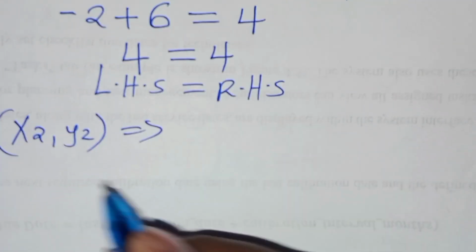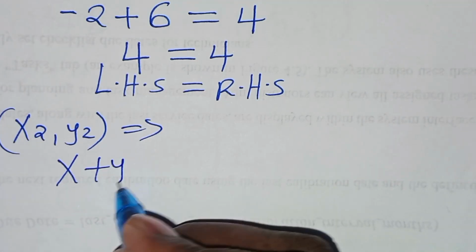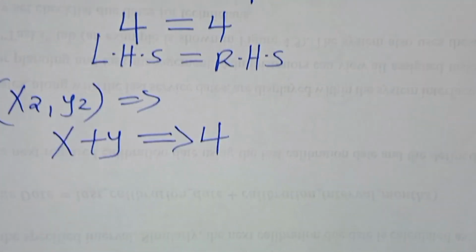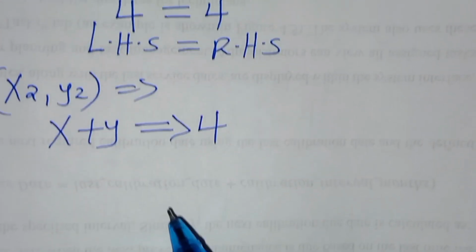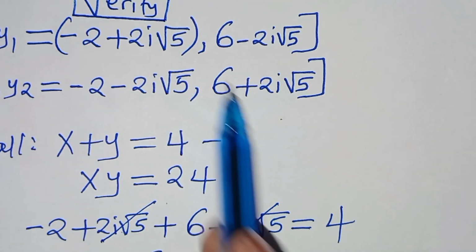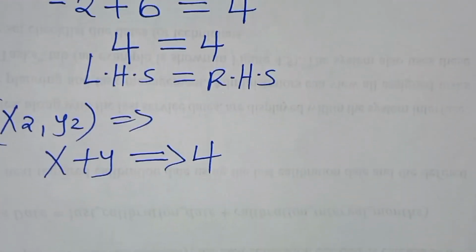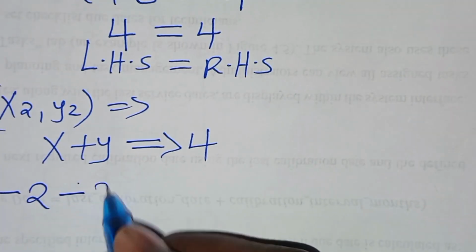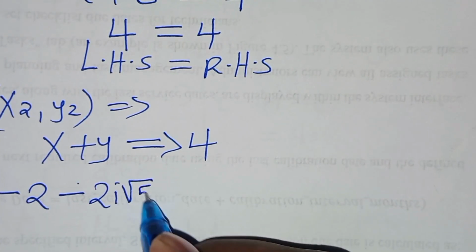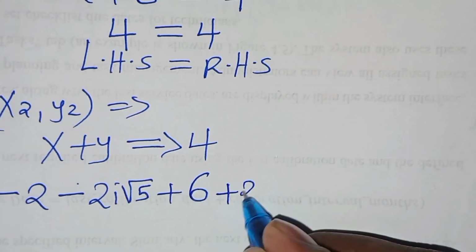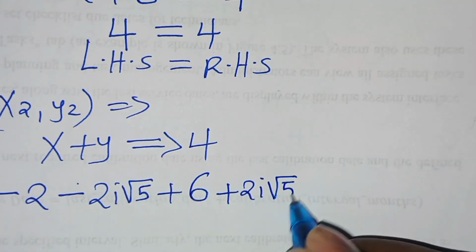So from equation 1, which is x plus y, this should give us a value of 4. So this implies that from x2, y2, which is minus 2 minus 2i square root of 5, we're going to have minus 2 minus 2i square root of 5 plus 6 plus 2i square root of 5.